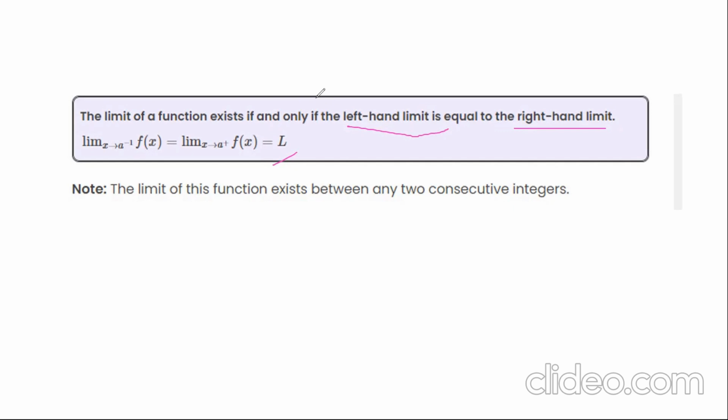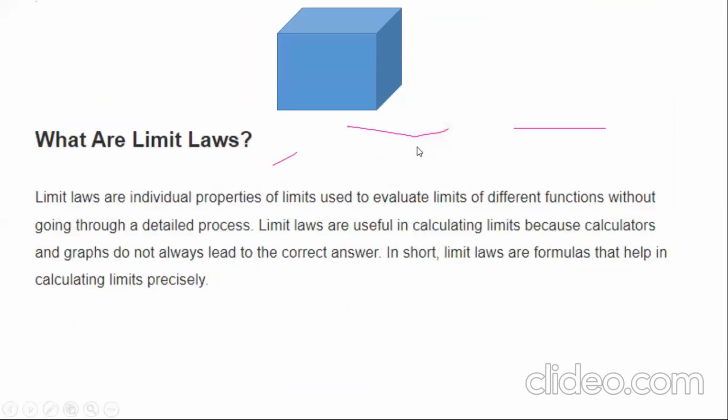So how do we do those algebraic operations when we have two functions? You can observe here what the limit laws are. Before going to the laws of limits, first, what is the necessity of these laws?